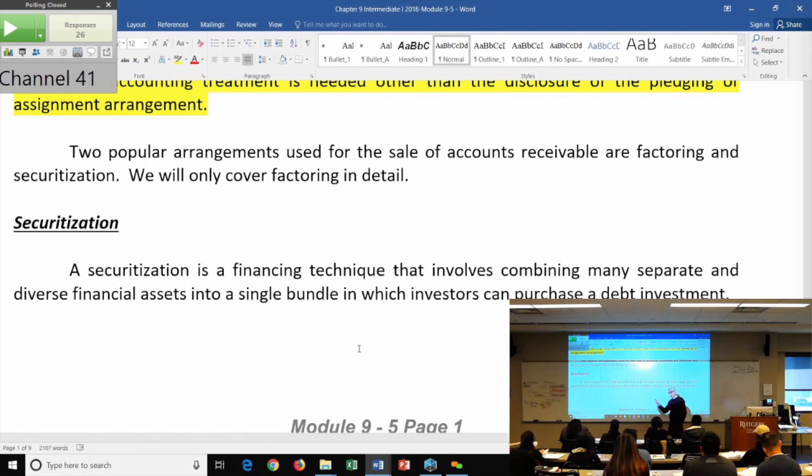We're not going to do much on securitization in this course. It's becoming less popular today because of the financial crisis. But the way this would have worked is that you would have a financial institution, let's say an investment bank, and you go to various companies.